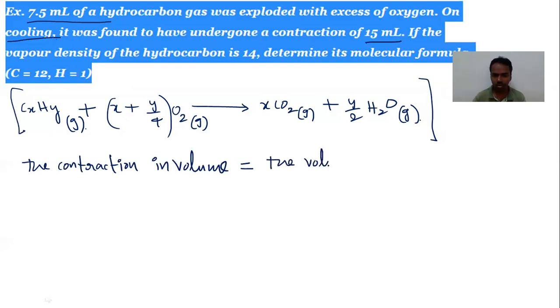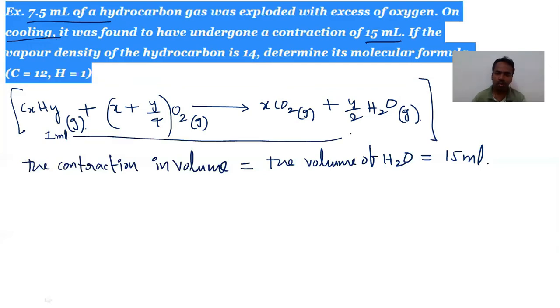So how much is given here? The contraction volume, 15 ml, is given. Here all are gases, so directly you can take 1 ml. 1 ml of CxHy produces how much H2O? y by 2 ml of H2O.